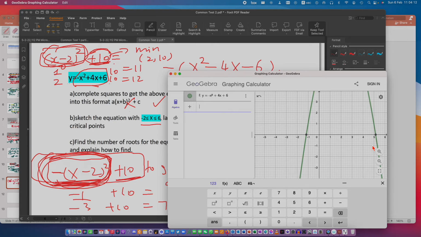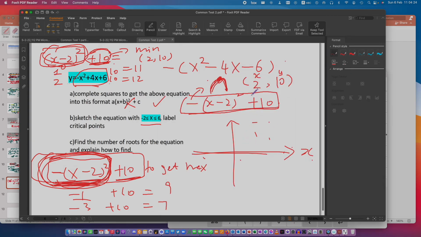Anyway, this is also something I want you to learn. Let's say if you get something which is contradictory, it doesn't look right, you know. You know why it doesn't look right to me? Number one, it says the max point is 2 and 10, right? Which is here, right? And then it should look like this, right?